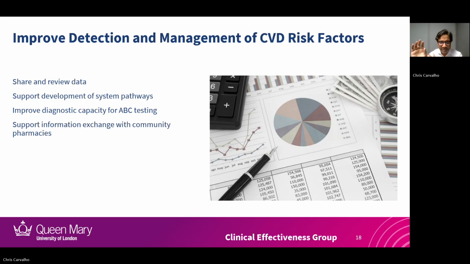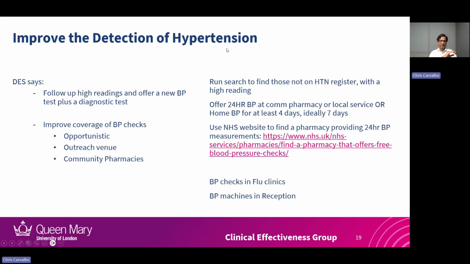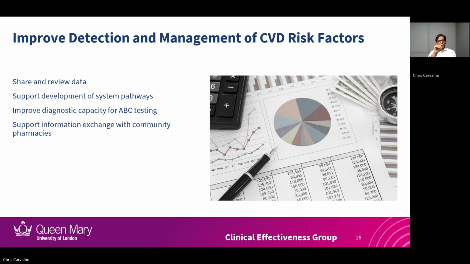So CVD risk factors. This is one of the key elements in the DES as one of those bullet points, but breaking it down into the CVD prevention section. With that, the first ask is to collect your data, review it, and share it.